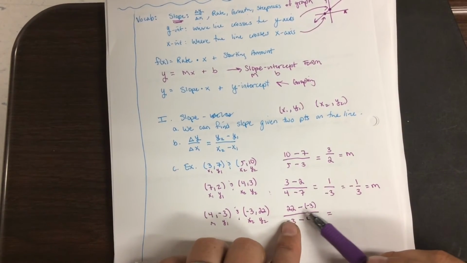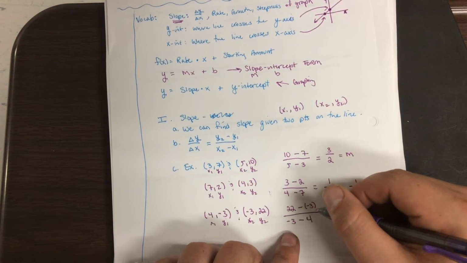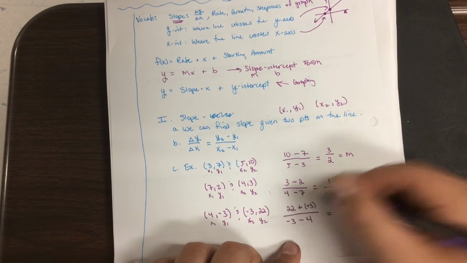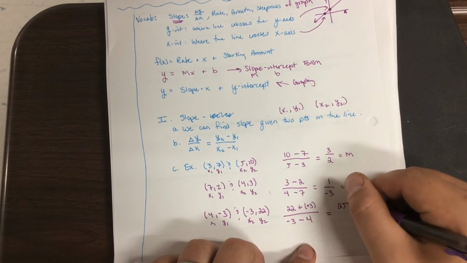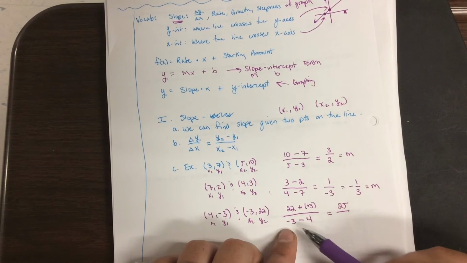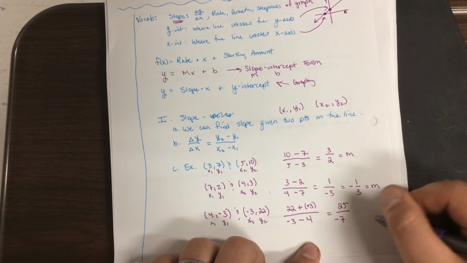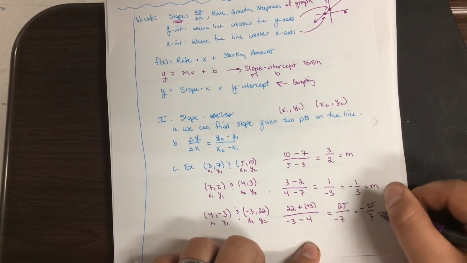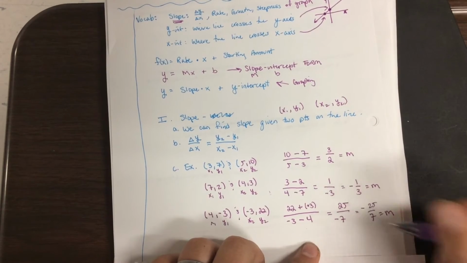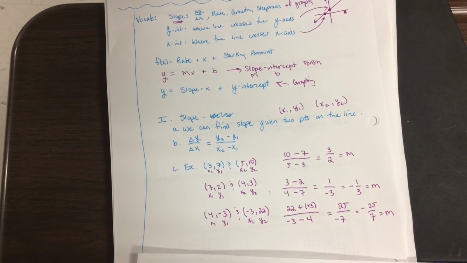When we have two negatives right next to each other, really what that's saying is instead of doing 22 minus -3, you're actually adding. So this is going to be 25 over -3 minus 4, which is -7. That means the slope of this line is -25/7, and we'll call that m. Okay, this is our slope formula, and we are going to use it tomorrow in class.